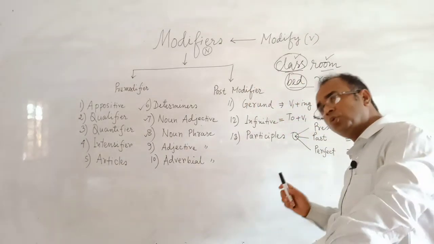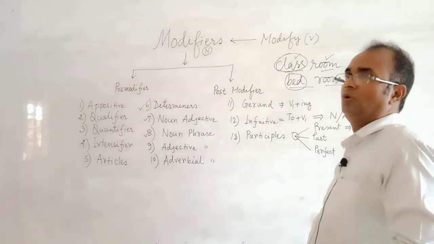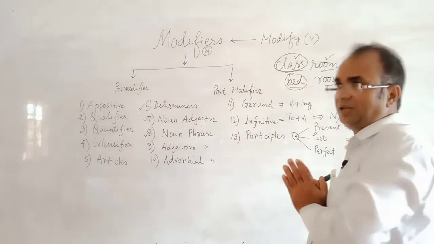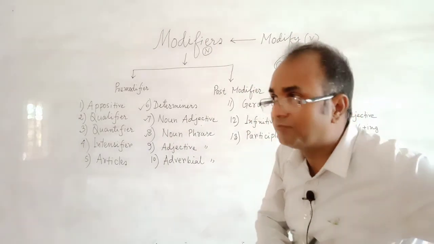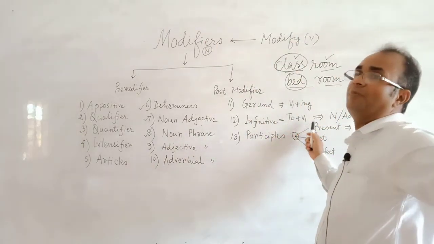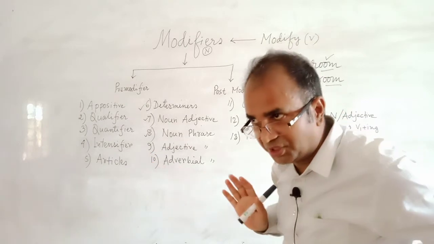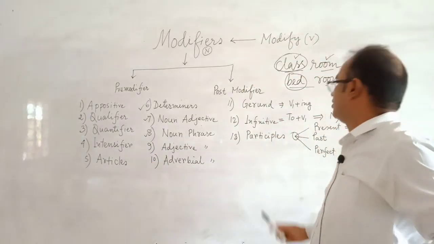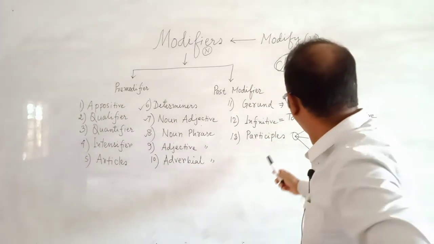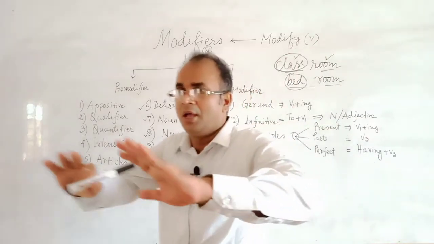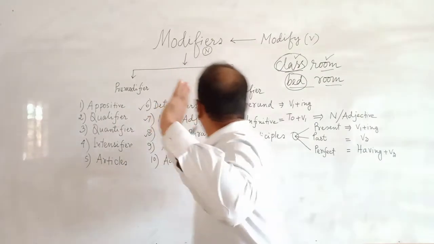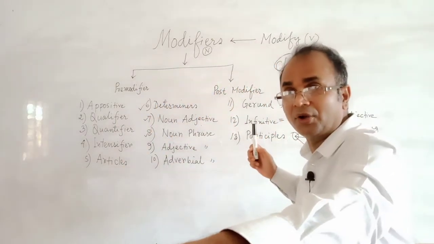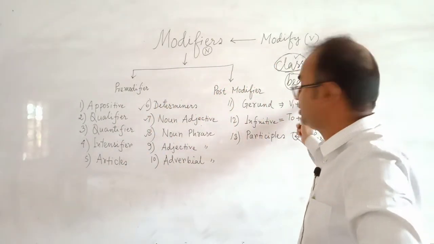Infinitive. To is a preposition which adds the base form of verb. To plus base form of verb is called infinitive. And participles. Every participle is an adjective and every gerund is a noun. Okay? Every gerund is a noun.